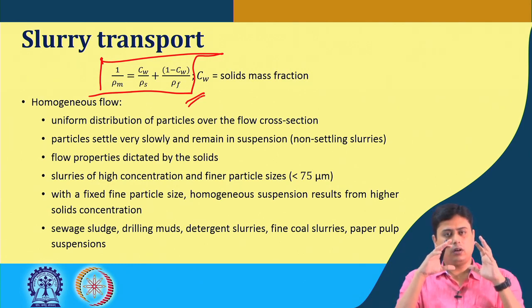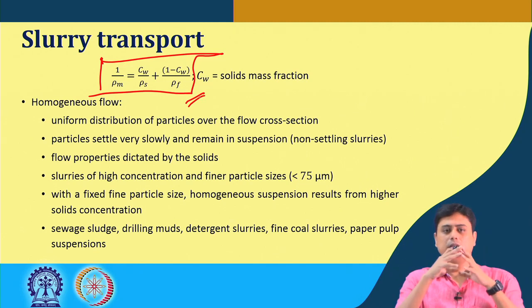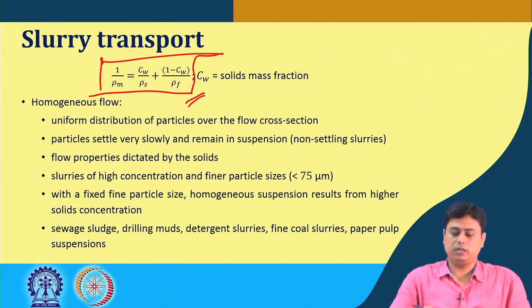So, based on this observation, slurry transport has been divided into 3 flow regimes. One is the homogeneous flow, in which there is a uniform distribution of particles over the pipe cross section, or the flow cross section.